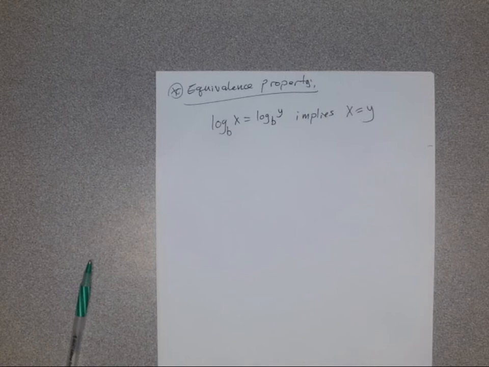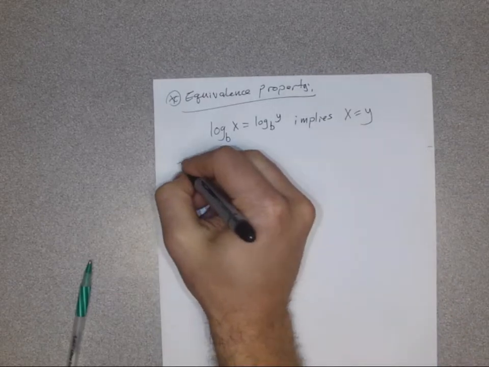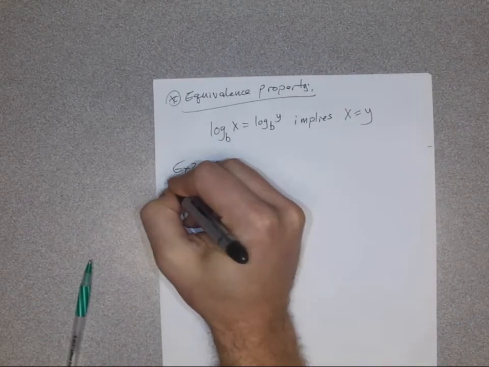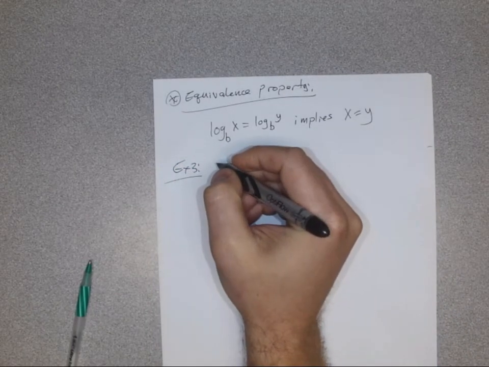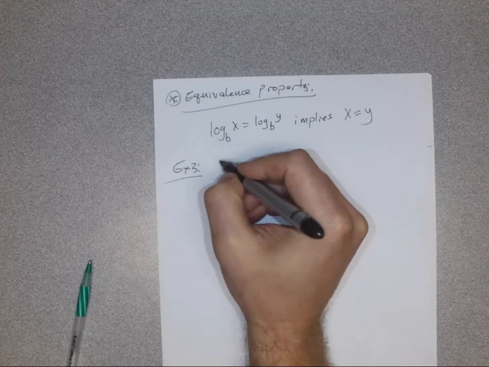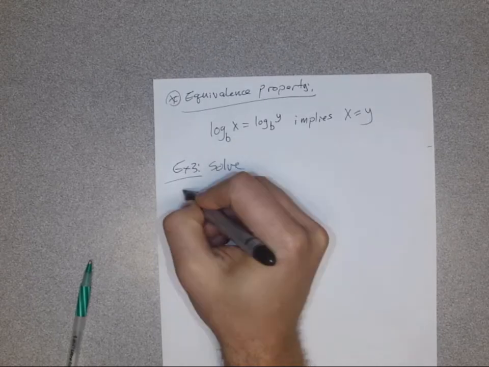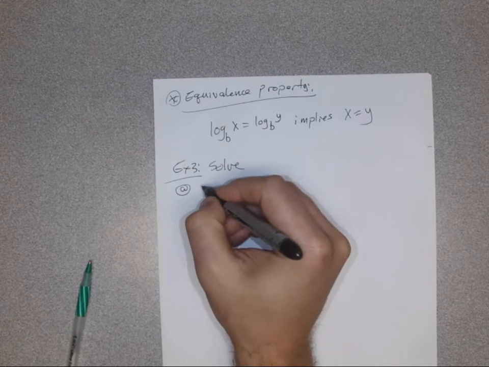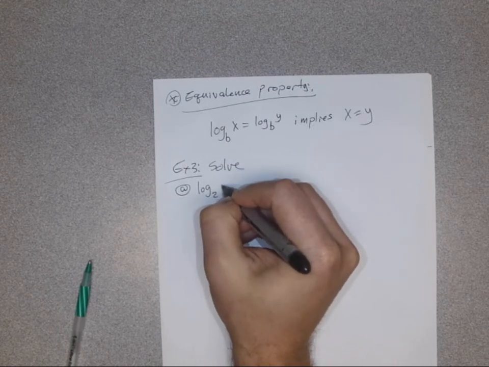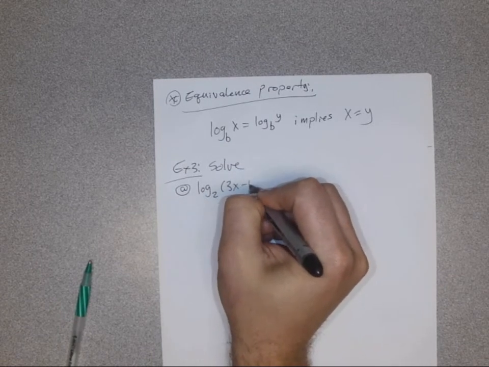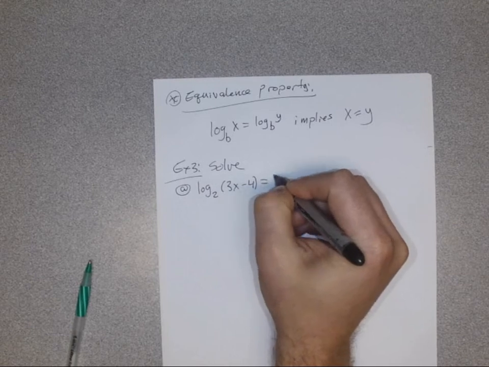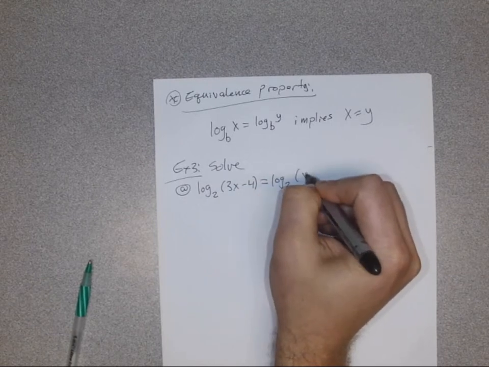All right, let's look at a quick example of that. Example 3, I believe. Solve, and we'll call it part A, just in case I decide on part B. Log base 2 of 3x minus 4 is equal to log base 2 of x plus 2.